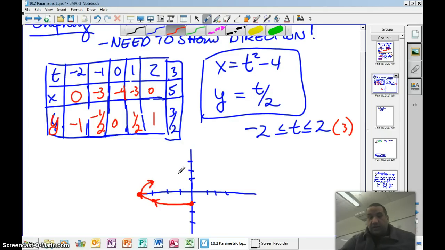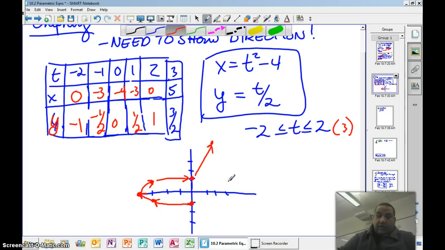And then at t equals 2, it's 0, 1. Excuse my scale. Then when t is 3, it's at 5, 3/2. I don't know where that is, but it's probably up about here, and 1.5 is right here. So then it goes up that way. That's what it kind of looks like.